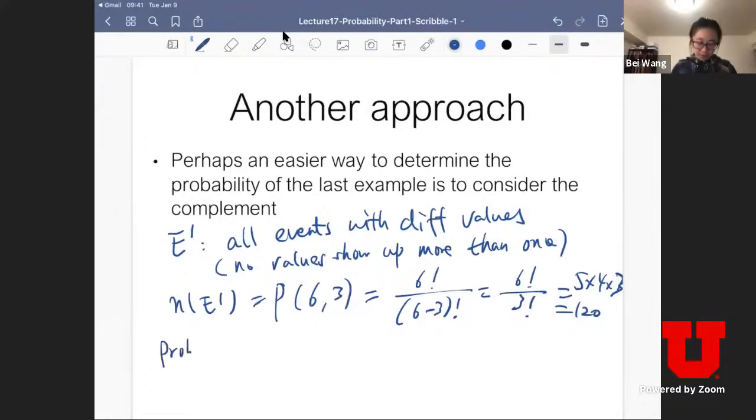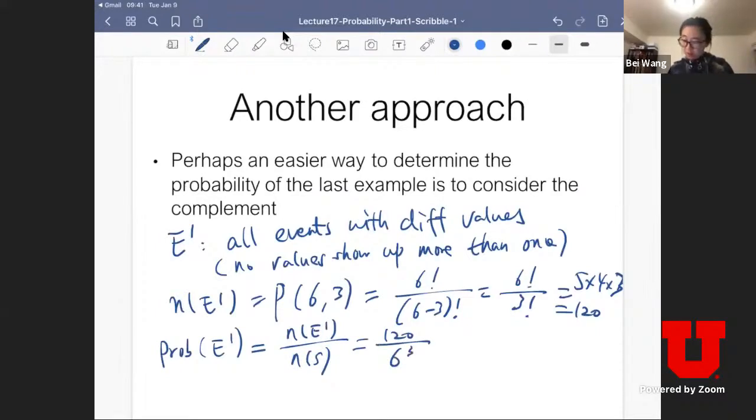So the probability of the complementary event is n of E prime over the size of the sample space, which is 120 over 6 to the power of 3, which is 120 over 216, which is 5 over 9.